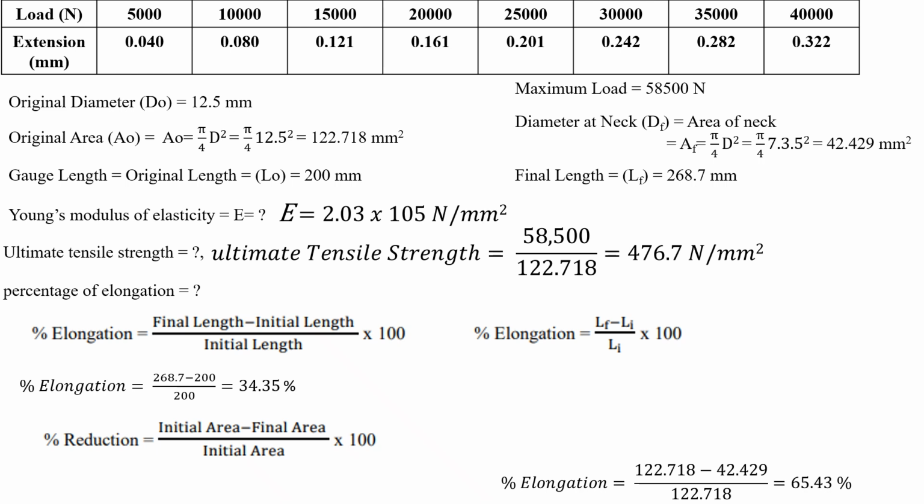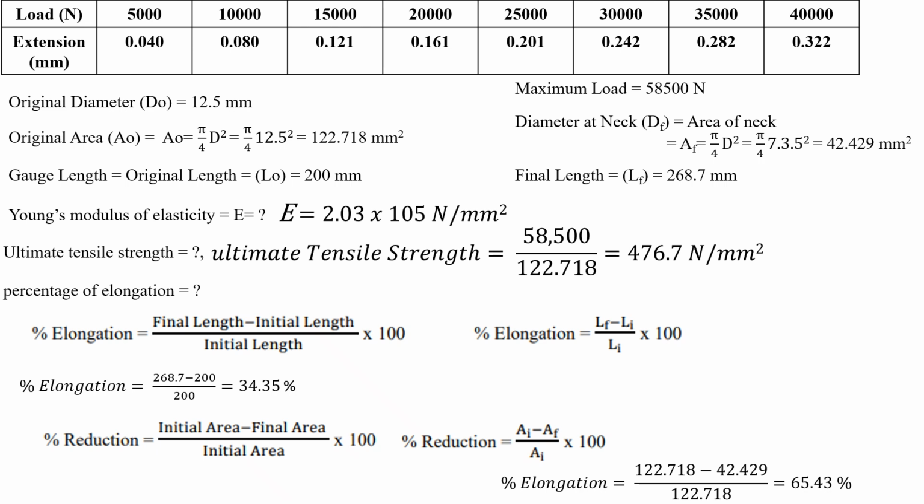And also we can determine the percentage of reduction. We already discussed the percentage of reduction formula: initial area minus final area, divided by initial area, into 100. So A naught or AI, whichever you consider, AI minus AF divided by AI into 100.